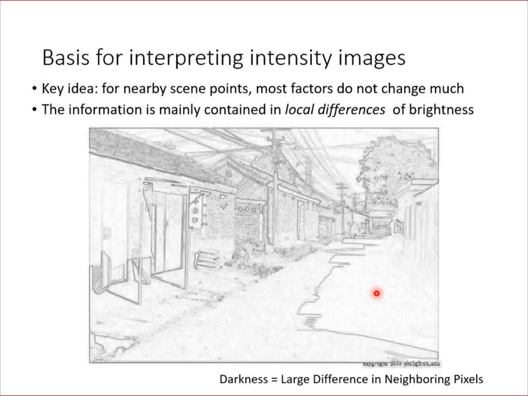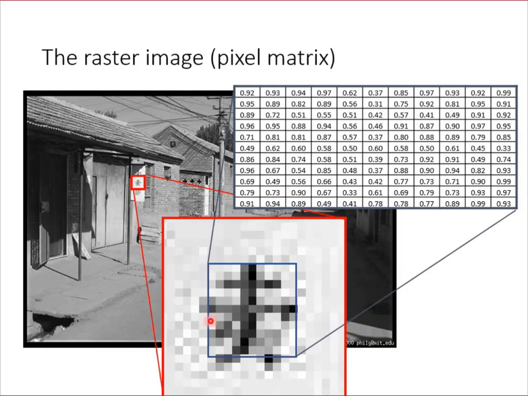Okay, and how do we represent it? So this is the unit of the image. It's called a pixel. We use a number for a lot of points on the image.